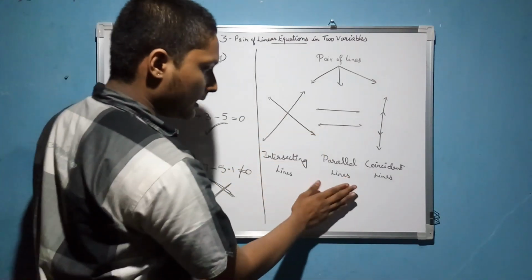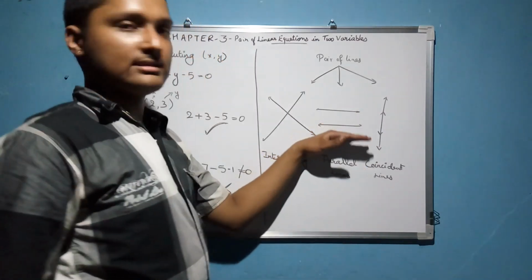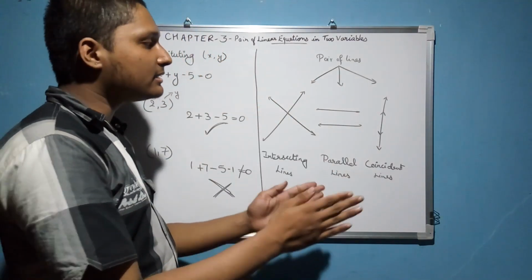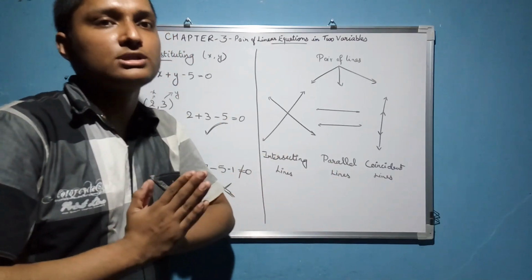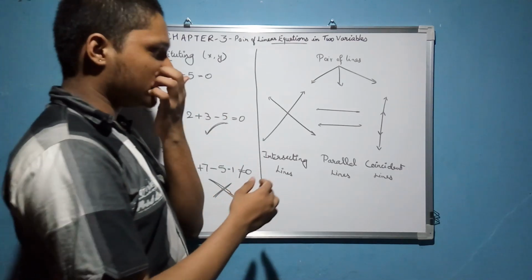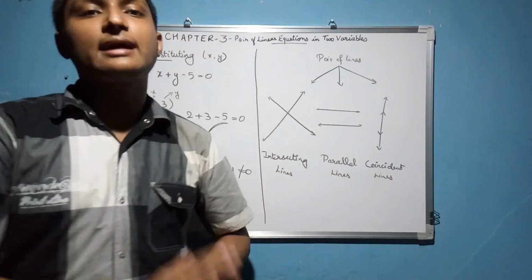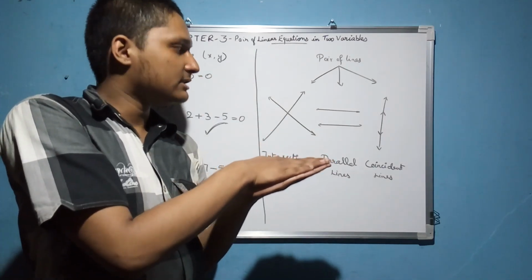Here you have parallel lines. Parallel lines are like this. They are not going to intersect at any point, they run parallel. That means they are not going to have any solution. That will be in the later part, the solution part. Now you have coincident lines. Coincident lines are lines that coincide on each other.